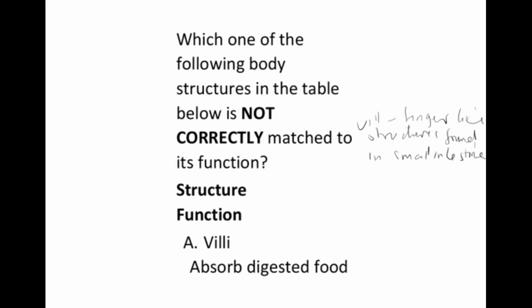Their work is to help in absorption of digested food. So its function as it is lined up is correct.